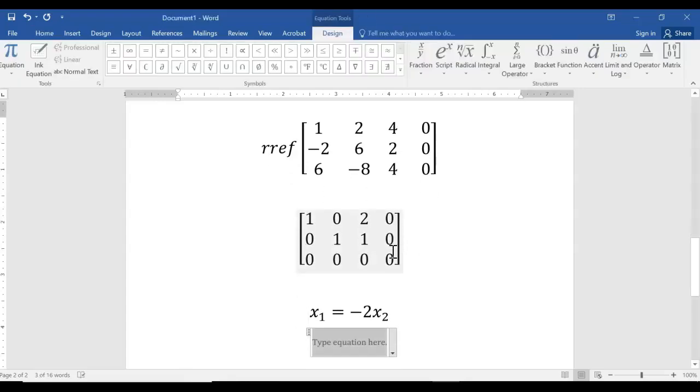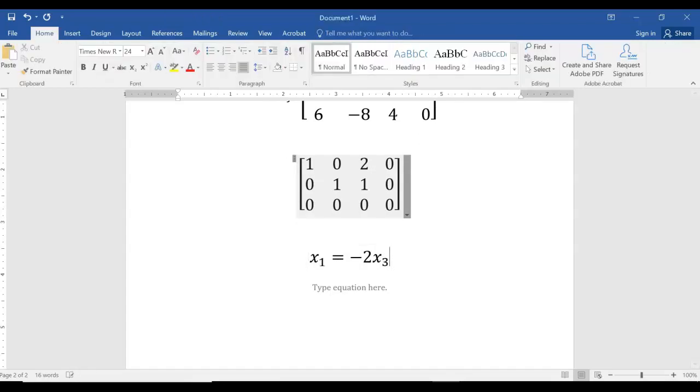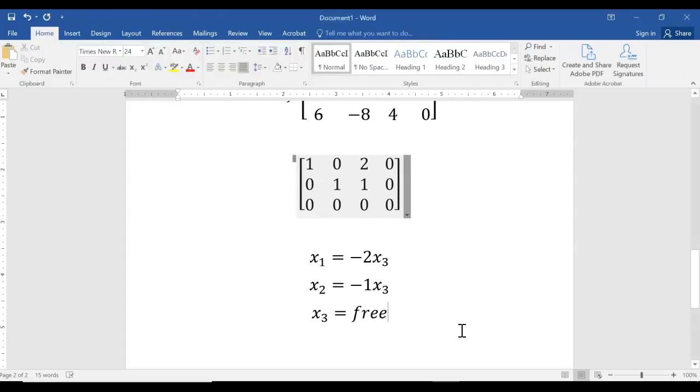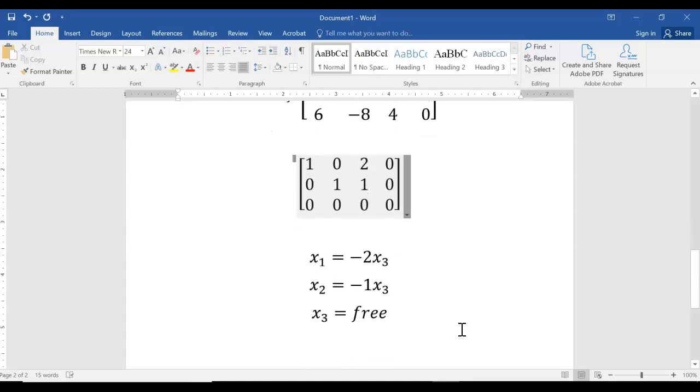I'm sorry, I mistook that. x1 is negative 2x3, x2 is equal to negative 1 times x3, and then x3 would be free. All right, so that would be the general solution to that matrix equation.